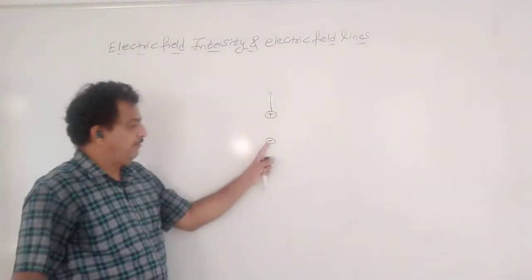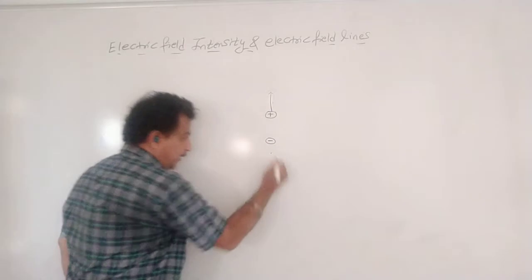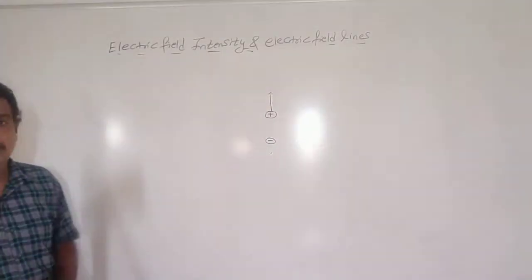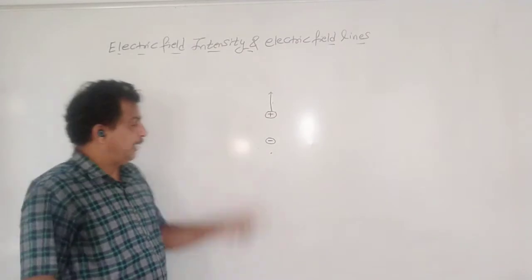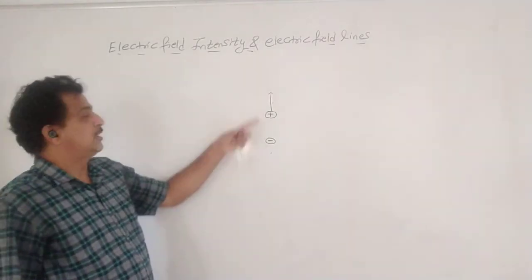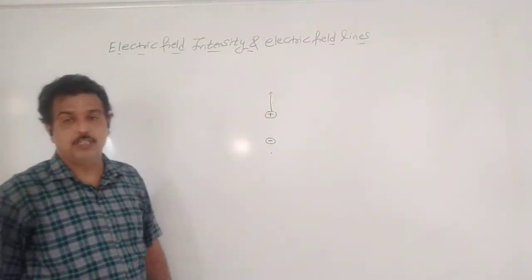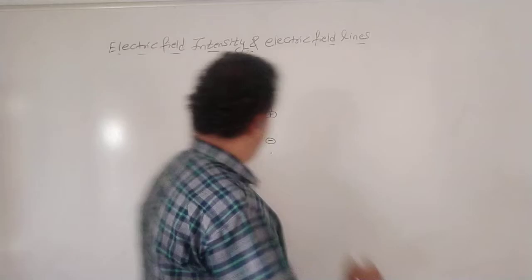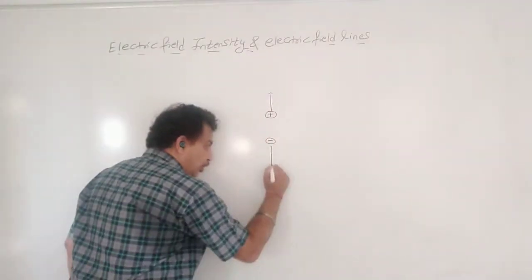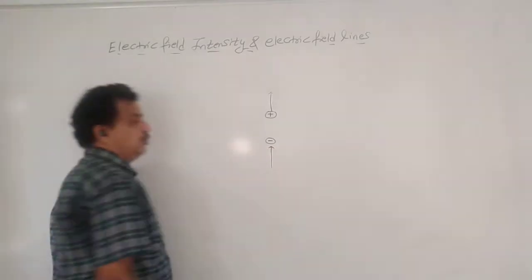Similarly, if I keep my test charge at this point, again there will be a force of attraction by this negative charge, and the force of repulsion will be there but its magnitude will be less. So again the arrow will be drawn towards the negative charge.